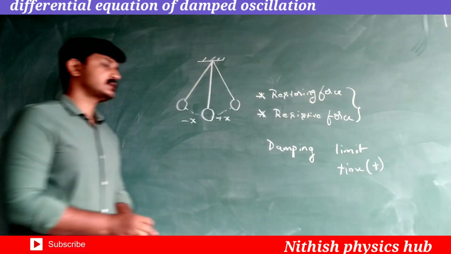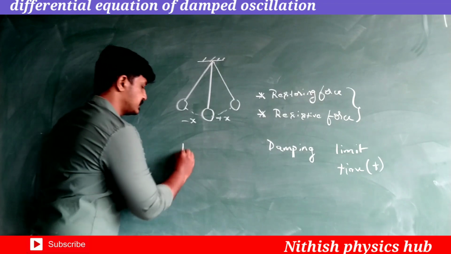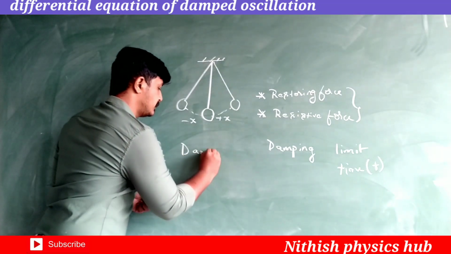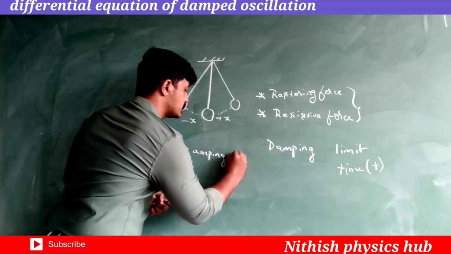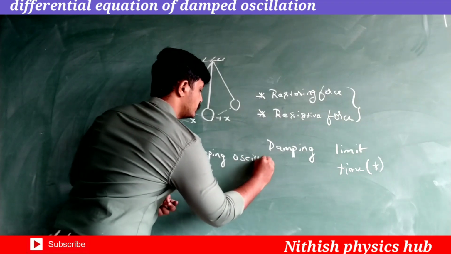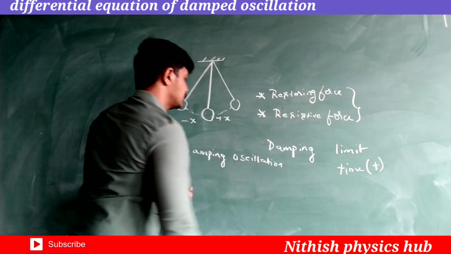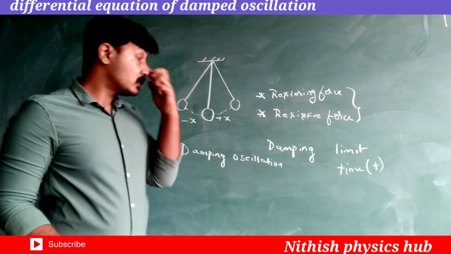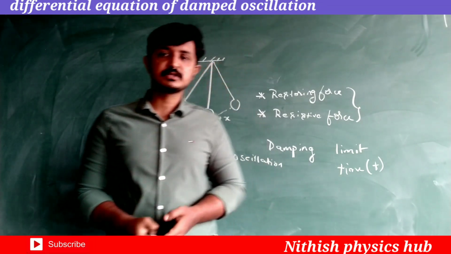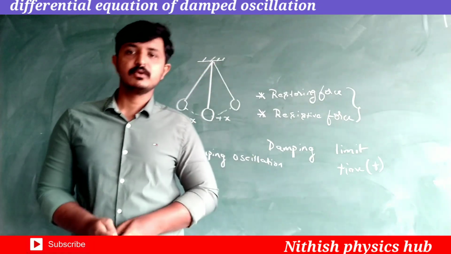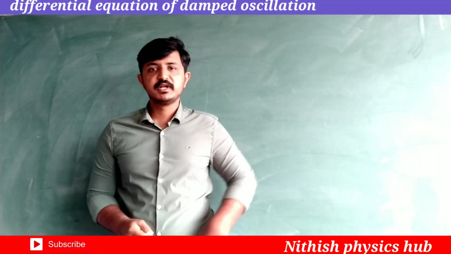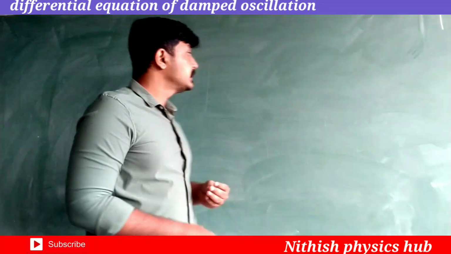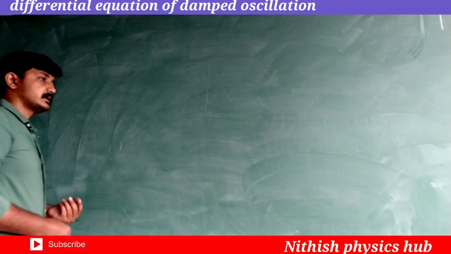So this type of oscillation is called damping oscillation. The reason for the damping oscillation is a restoring force as well as a resistive force. Now we are going to derive an expression for the damping oscillation.